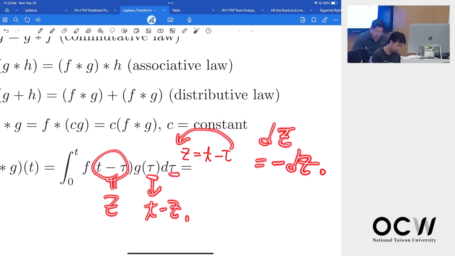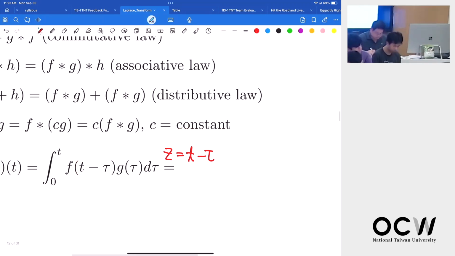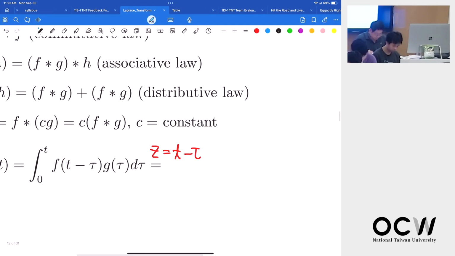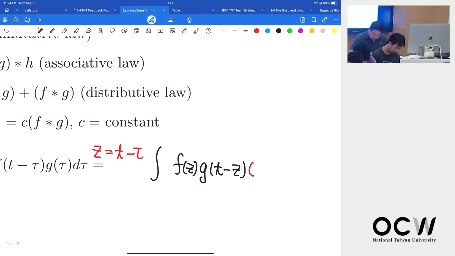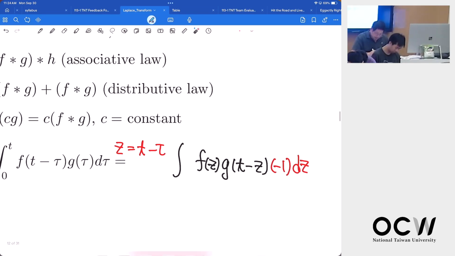Okay. So here we have f of z, g of t minus z, and we have minus 1 dz. And also tau is from 0 to t.